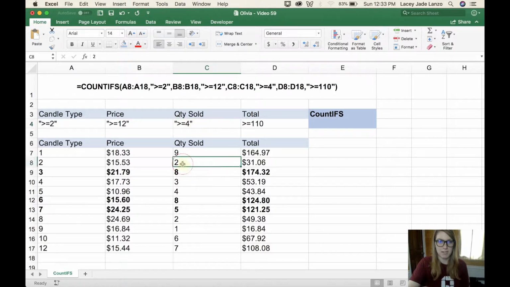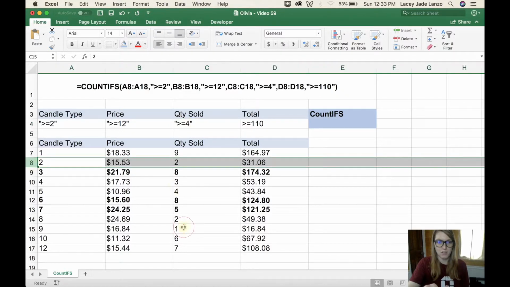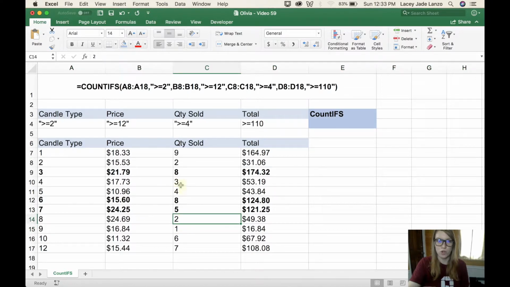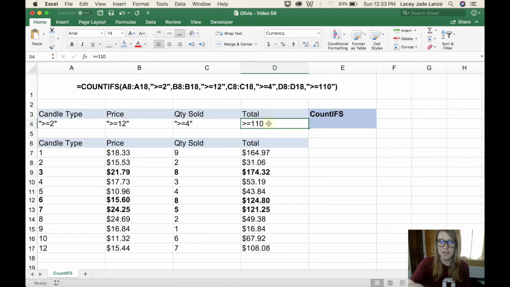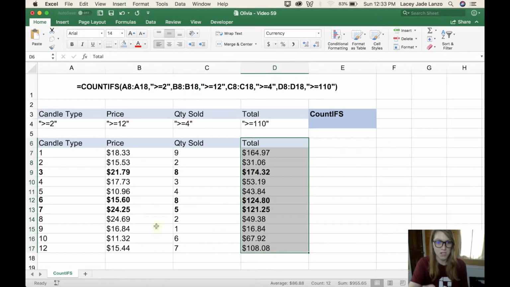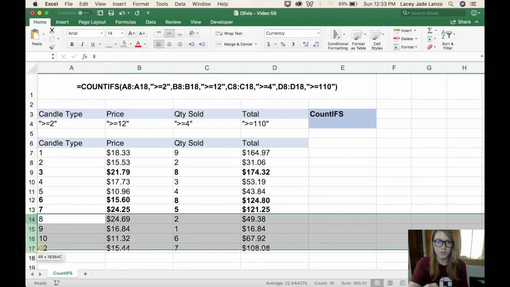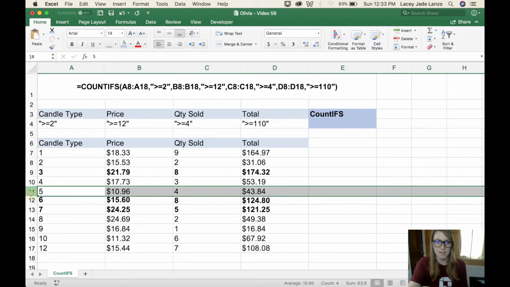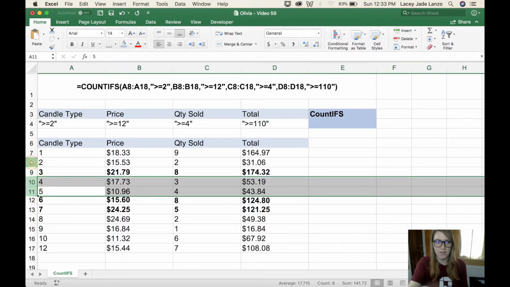So something like this 2 would be ignored, this 1 and this 2, and this 3. Those would be ignored based on the quantity sold. And then the total sales would be equal to or greater than $110. So anything that's under $110 in this section would also be ignored. Any of these ones here would be ignored, as well as these two, and then this one here.